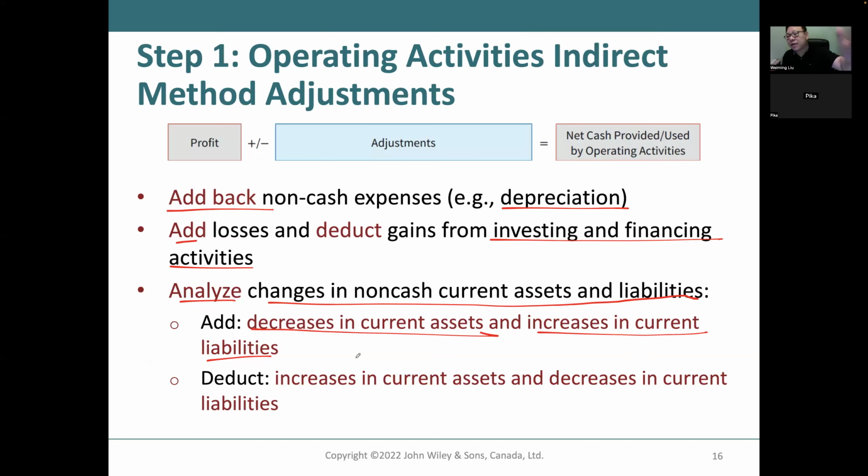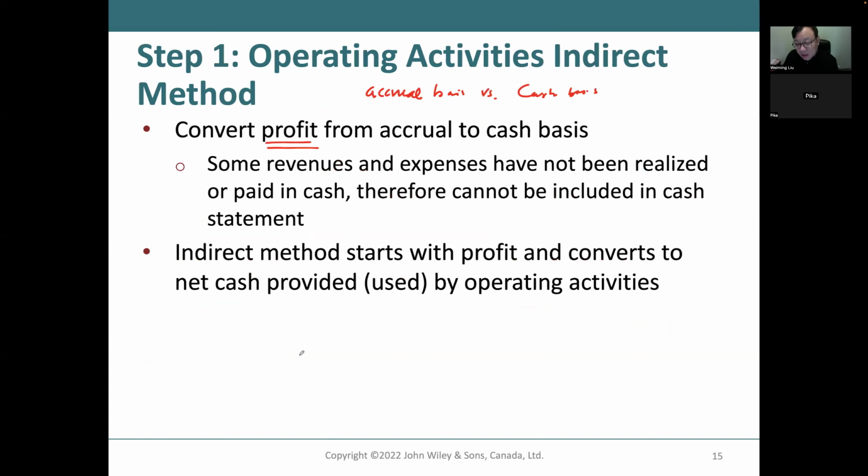You add back non-cash expenses, for example depreciation. You add losses and deduct gains from the investing and financing activity. You add decrease in current asset and increase in current liability. You deduct increase in current asset and decrease in current liability.